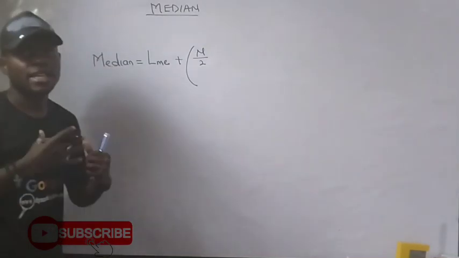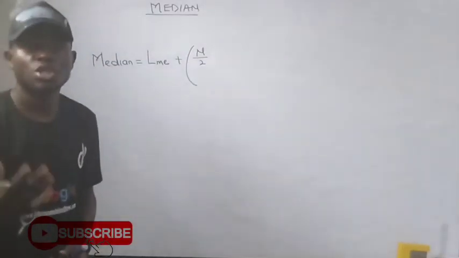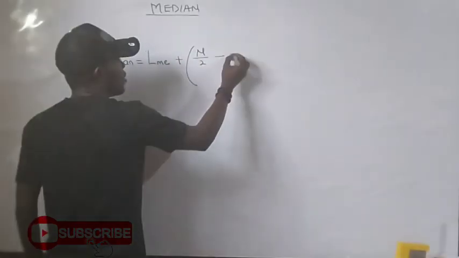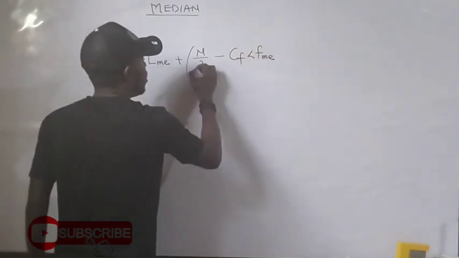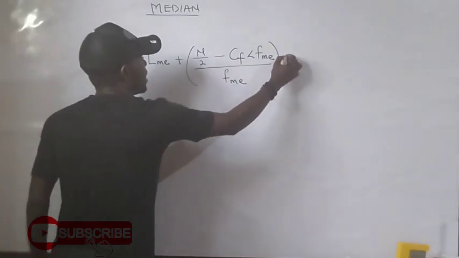Your capital N also means summation F, the total summation of your frequency, divided by 2, minus CF less than FME, all over FME, all in brackets, times C.